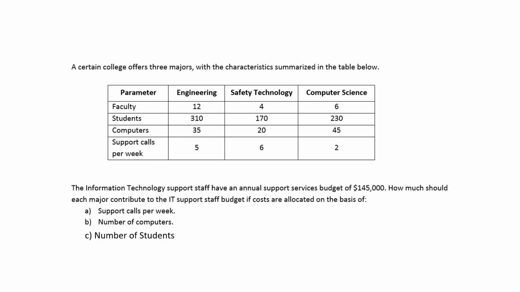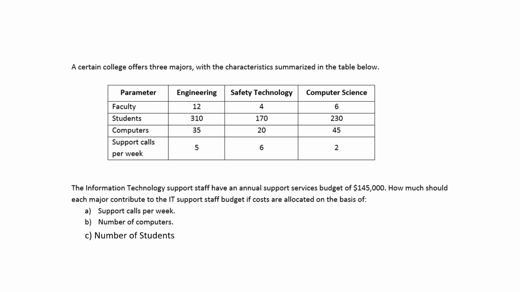So we're saying CS should pay how much of the $145,000 is their share? It should be the number of support calls that they generate in a week divided by the total number of support calls, 13.